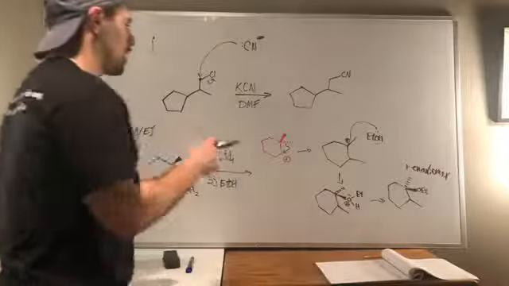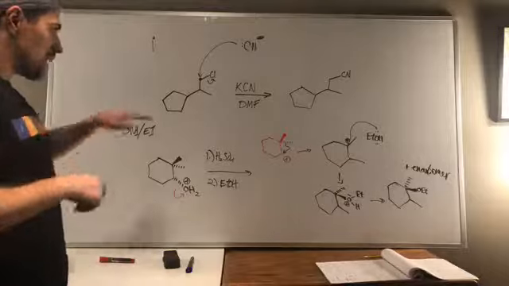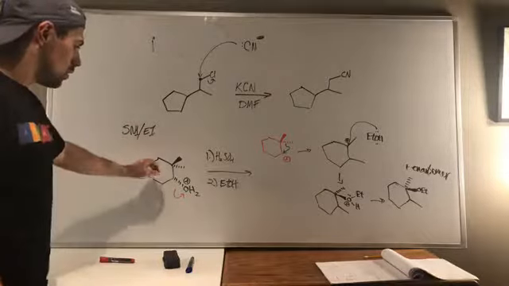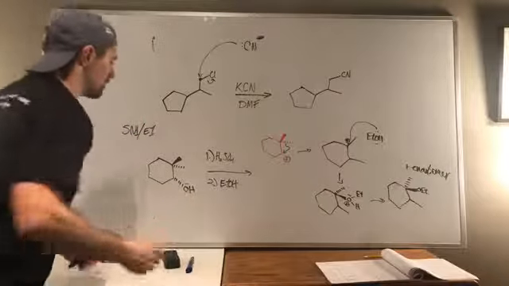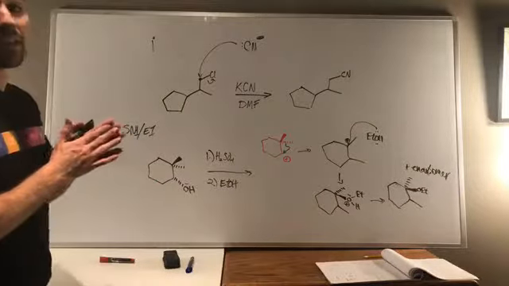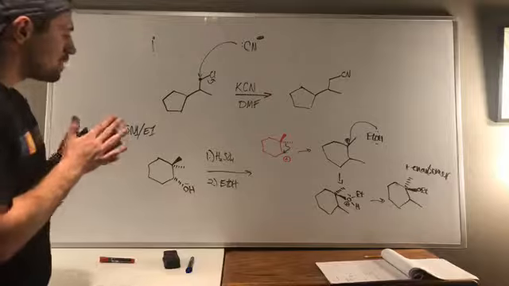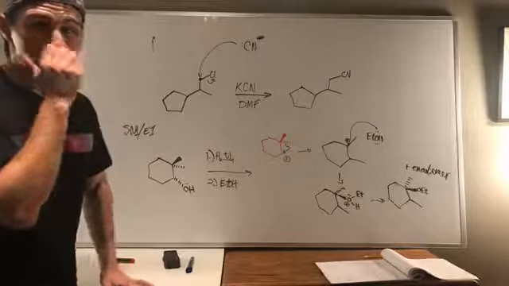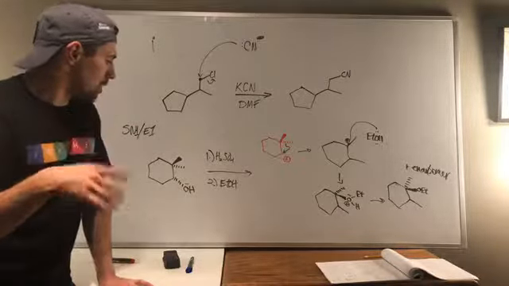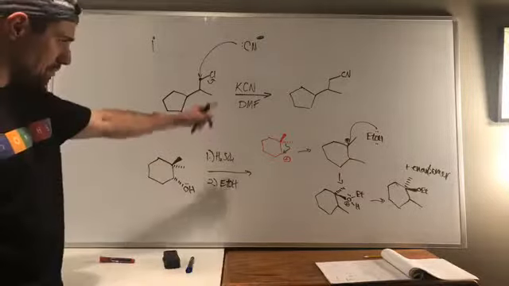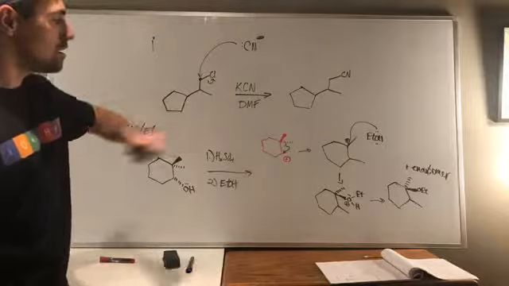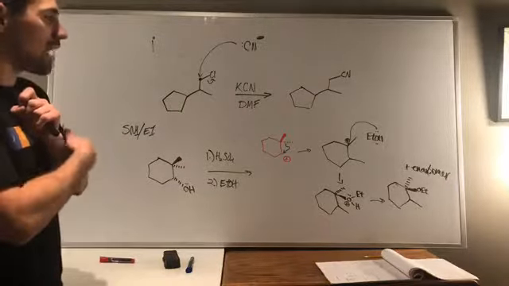Okay? So, to pick that apart again, remember, we started out with this bad leaving group. We had a first step to protonate our leaving group to make it a good leaving group. Then we saw we were in a polar protic environment, so it was SN1 or E1. We didn't see heat, so we knew it has to be SN1. Leaving group left, we had to stop, we had to do a methyl shift to improve our carbocation.